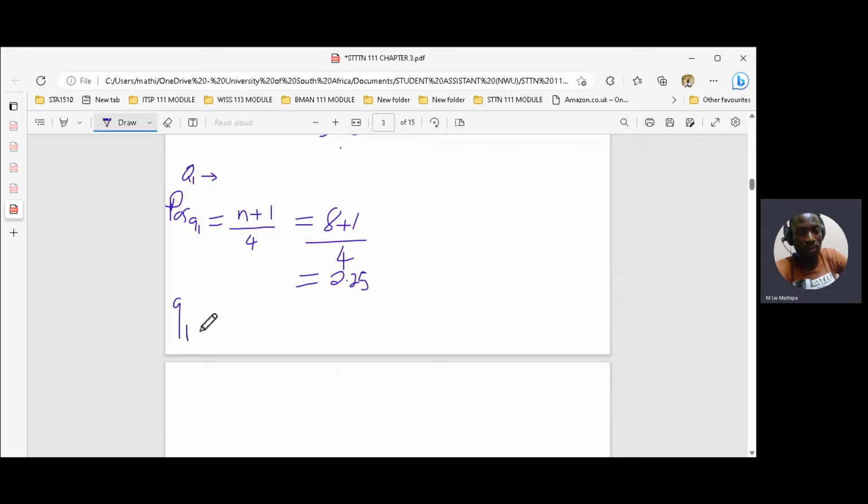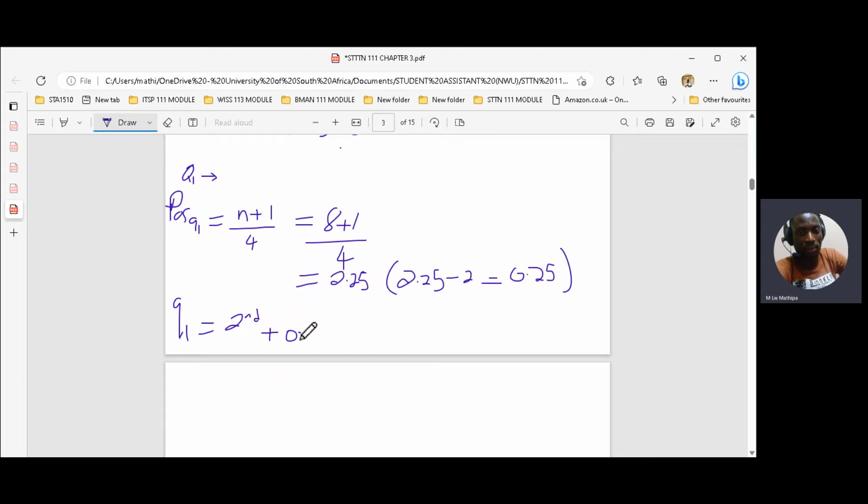Please bear in mind: Q1 is equal to the second position plus, because you know that originally this is from position 2, we say 2.25 minus 2, which will give you 0.25 in this case.